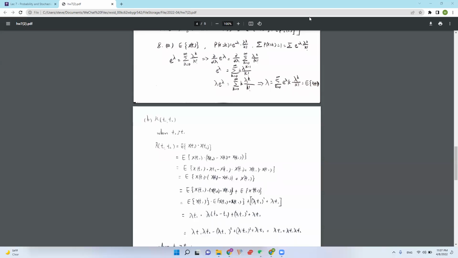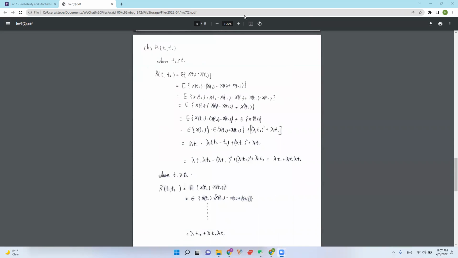In order to do that, we can make this into this. So it's basically minus x(t1) plus x(t1). This entire thing equals 0, so that doesn't matter, but it will help us solve the equation.